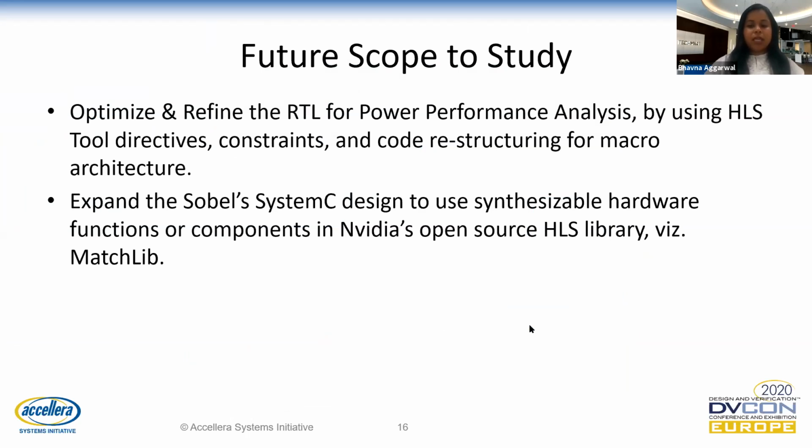Apart from this, there is another scope to the study, which involves exploring the Sobel SystemC design to use synthesizable hardware components or functions in NVIDIA's open source HLS library named MatchLib. These are the two areas which are planned for further exploration in high-level synthesis and the ESL domain within CircuitSutra.